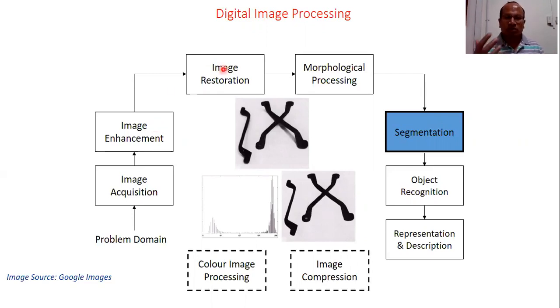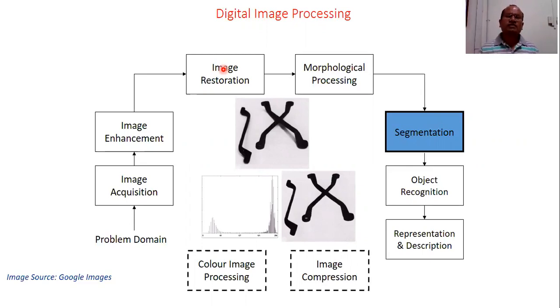Then it goes to image restoration. It does not go; these are the different components. And we have also studied that image restoration is similar to image enhancement. In addition to image enhancement, in image restoration we do the modeling and characterization of the noise which is added in the signal.